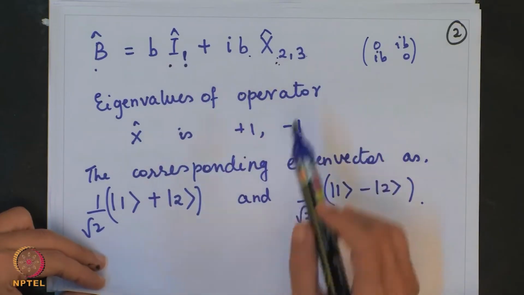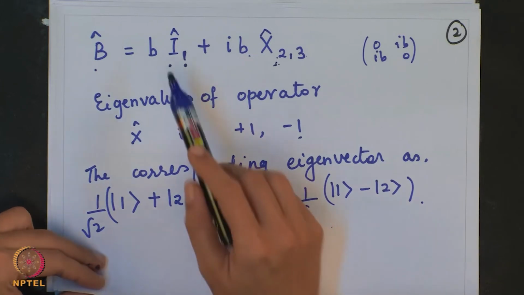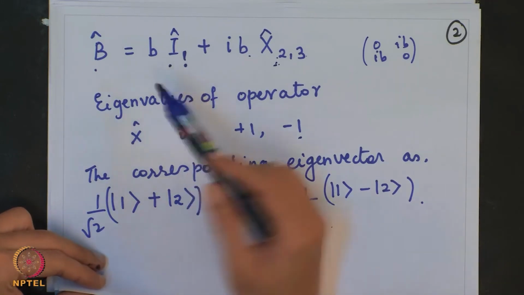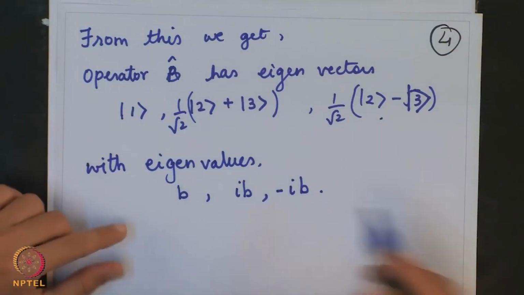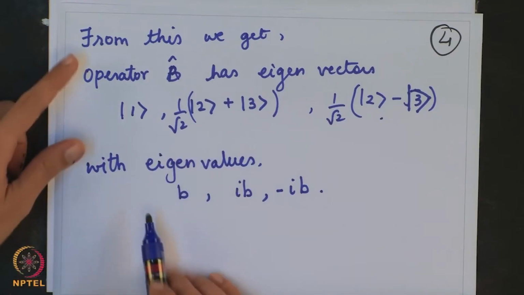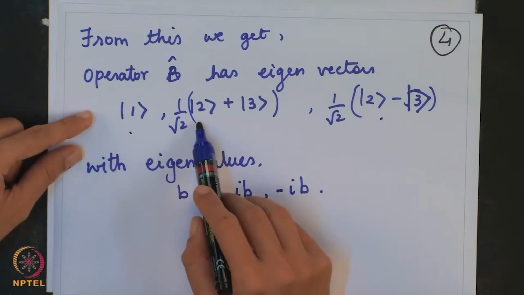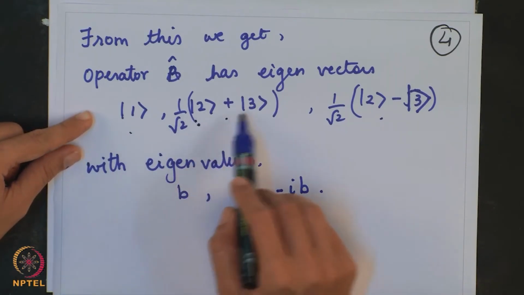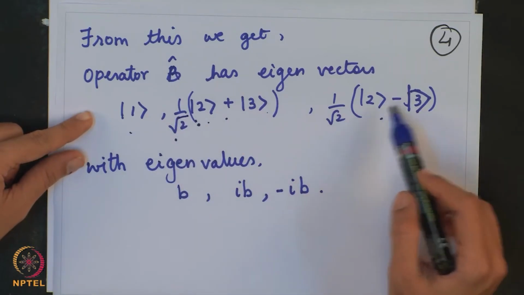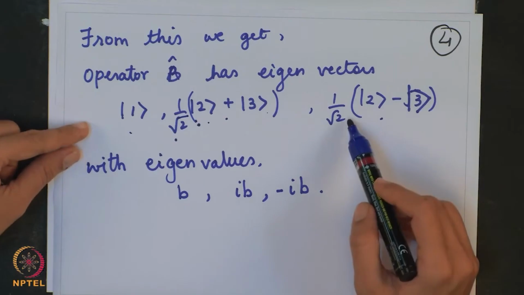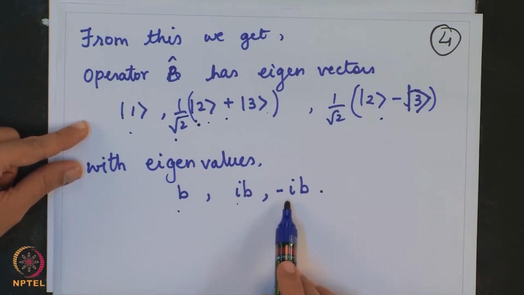The eigenvector of operator x is this quantity, and the eigenvector of the identity operator will be ket 1. So, precisely you can see that operator B has eigenvectors ket 1, ket 2 plus ket 3 by root 2, and ket 2 minus ket 3 by root 2, and the corresponding eigenvalues are b, ib and minus ib.